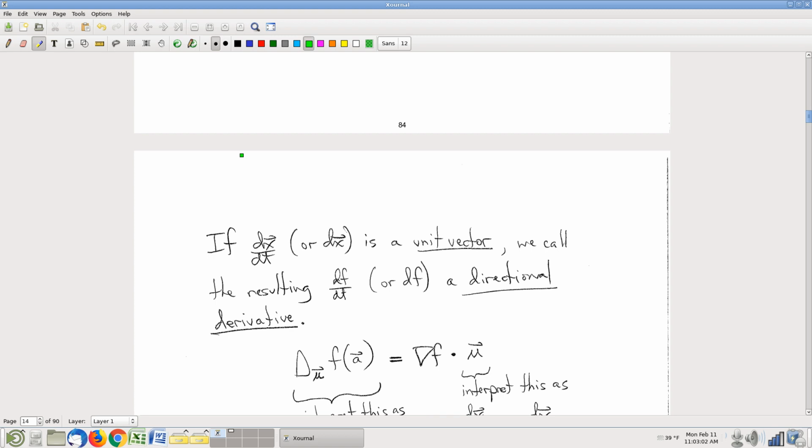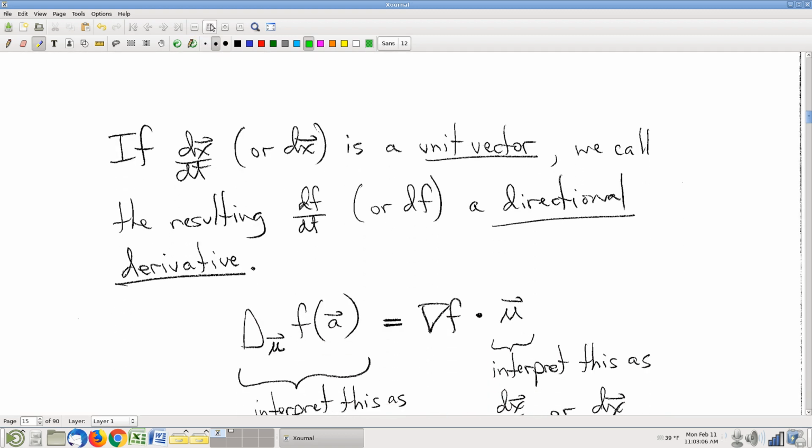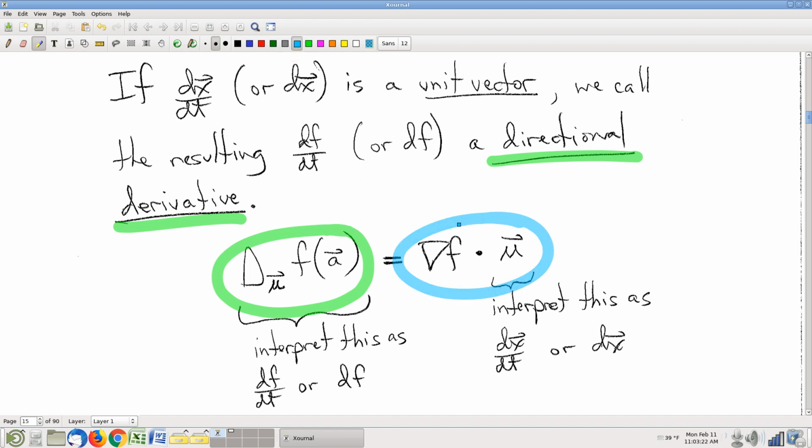Here's the book's definition. Anyway, we're going to go with the book's definition on this. I'll come back and put an asterisk on this in a moment. But here's the definition of this thing called a directional derivative of a function at a point: compute this expression, the dot product with the gradient, just like we have on the previous page.